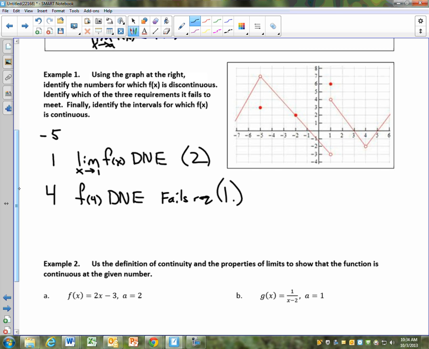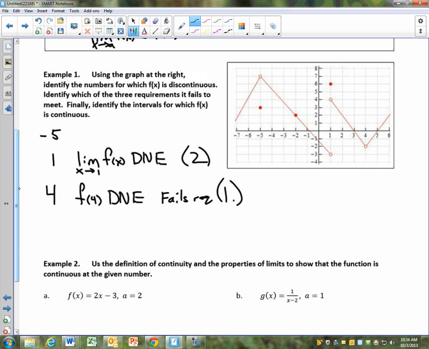Does f of -5 exist? What's the value? Yep, the value is 3. So f of a exists. F of -5 exists. Does the limit as x approaches -5 exist? Yes, what is the limit? It is 7. Is the limit the same as the output of the function?